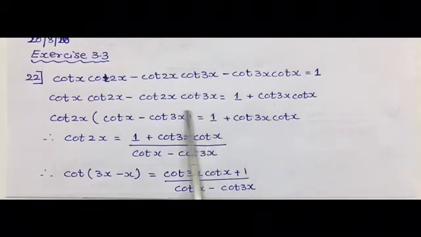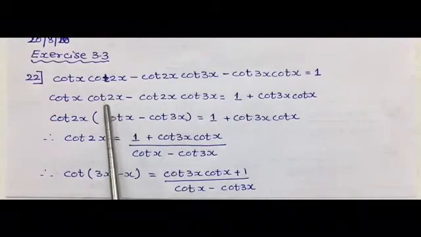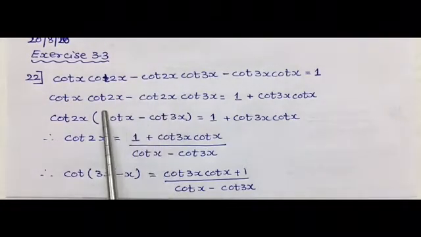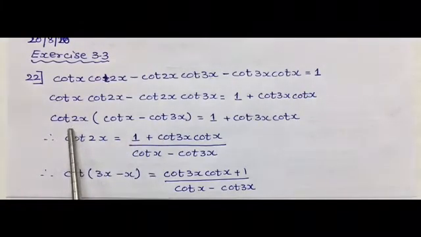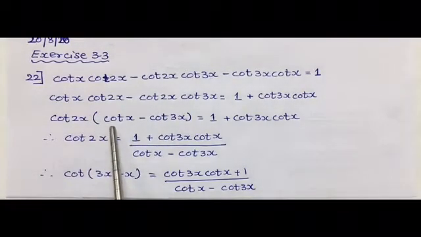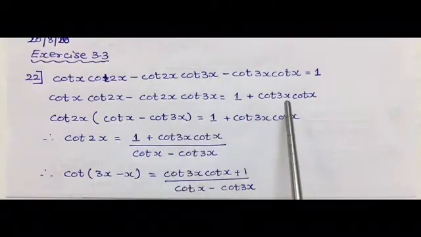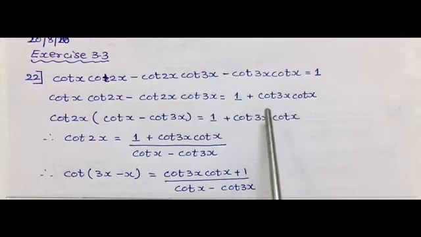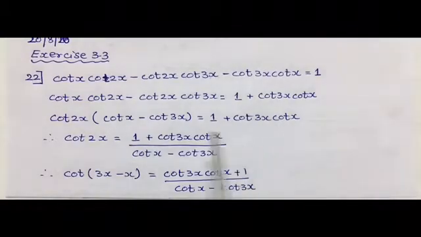Now from the LHS we will take out the common term, that is cot 2x. Inside the bracket remains cot x minus cot 3x, and in RHS the same thing is carried forward, that is 1 plus cot 3x cot x.